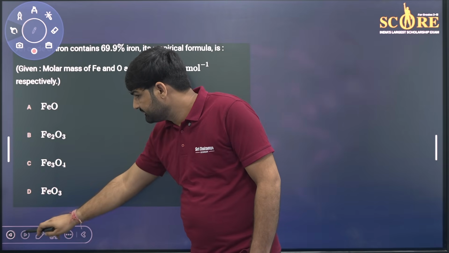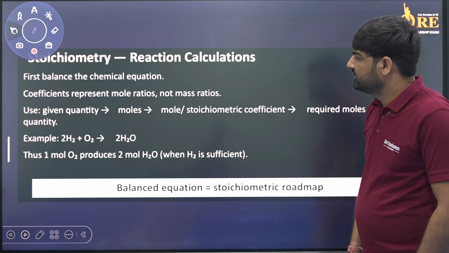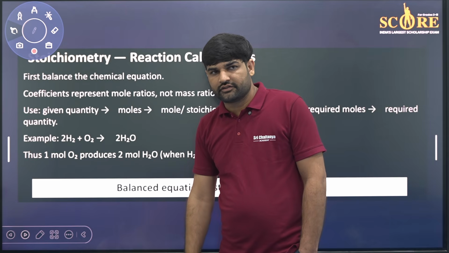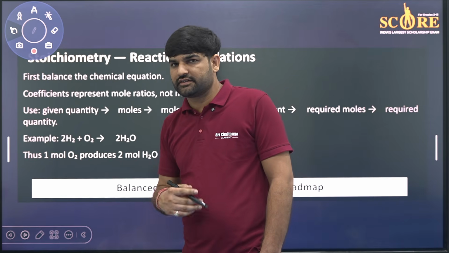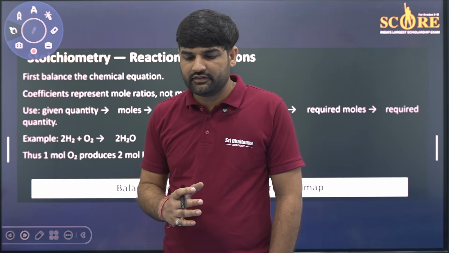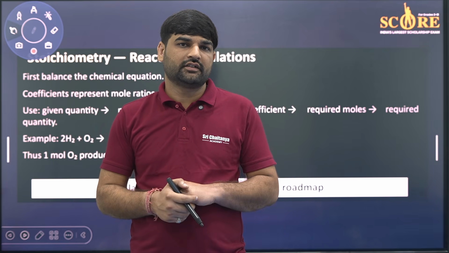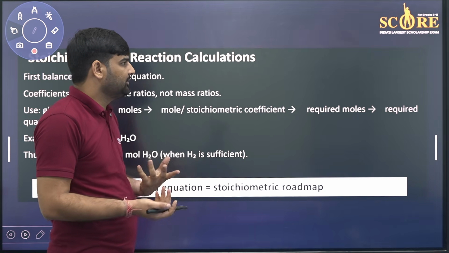Now, next: stoichiometry and reaction calculations. So what is stoichiometry? This concept is valid for a balanced chemical reaction. It means it is very important to balance the chemical reaction first, then you have to apply stoichiometry. Stoichiometry is a basic concept.